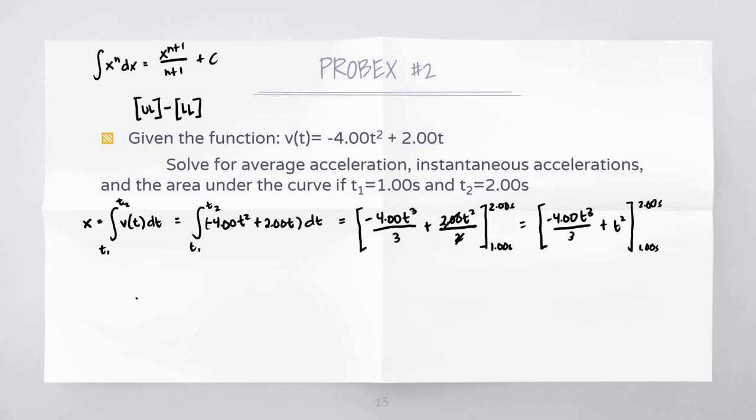So this is equal to negative 4 times 2 cubed all over 3 plus 2 squared, minus the lower limit: substitute negative 4 times 1 cubed all over 3 plus 1 squared. Now that we're done with that, we can simplify this.